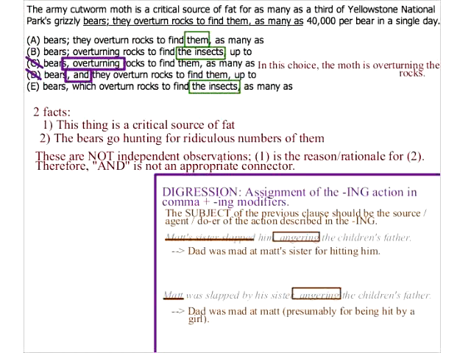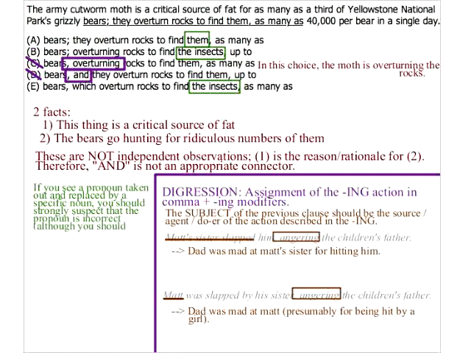There are going to be exceptions to everything, but if you see a pronoun taken out and replaced by a specific noun, you should strongly suspect that the pronoun is incorrect, although you should still check with pronoun rules.